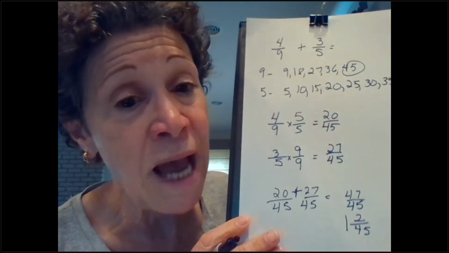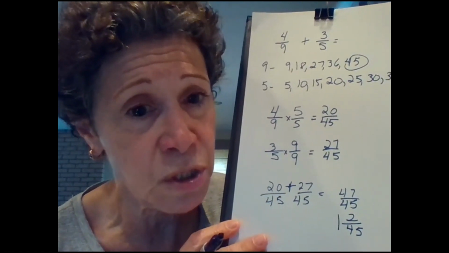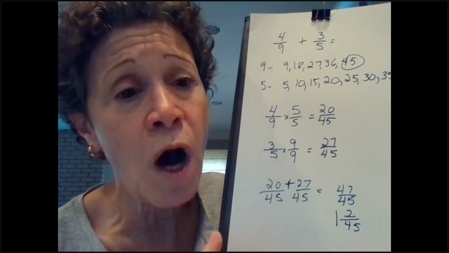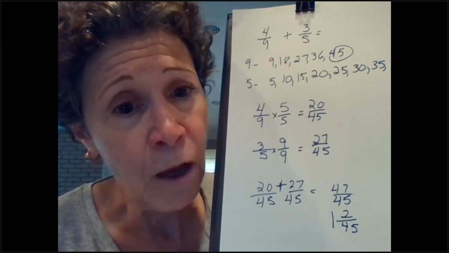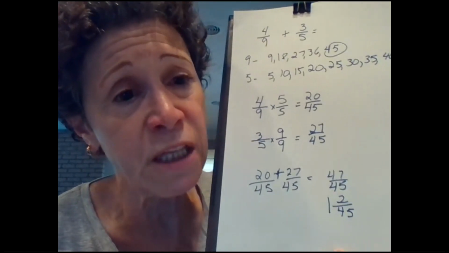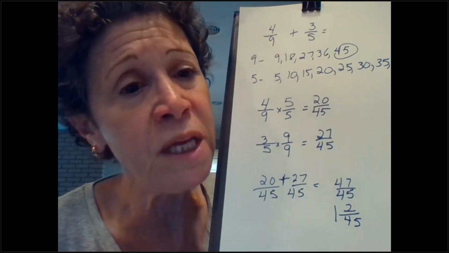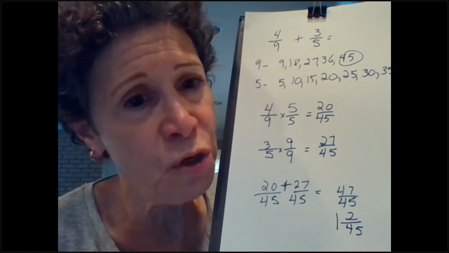Okay, so now we need to still determine whether this is lowest terms. The whole number we're leaving alone, right? But now we have to figure out whether the fraction part of it is lowest terms. So is there anything that you can divide into 2?